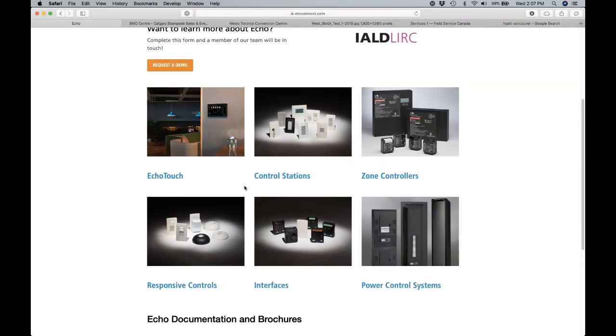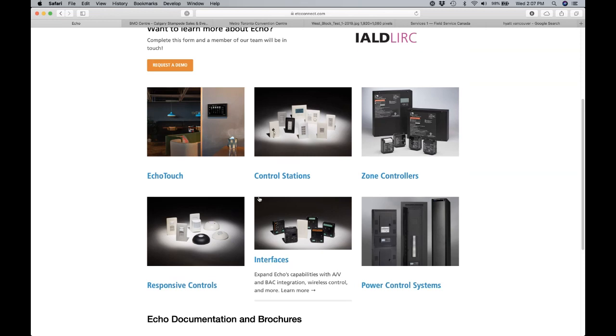Echo also happens to have touch panels that work in the Echo environment, as well as interfaces for BACnet, contact closure interfaces, blind interfaces, Bluetooth and network interfaces that allows us to do AV integrations with a much smaller and much simpler system than in the past.